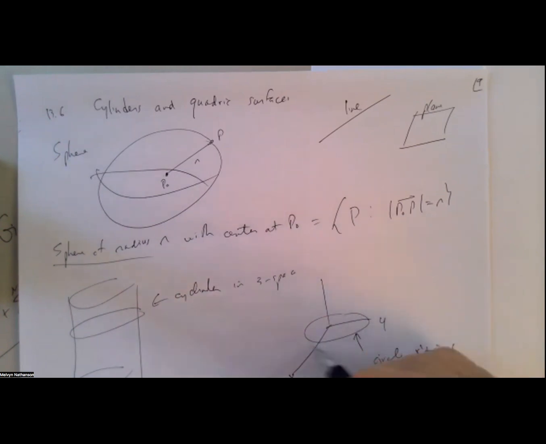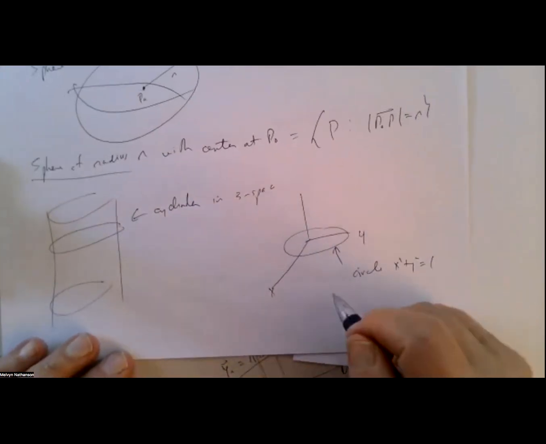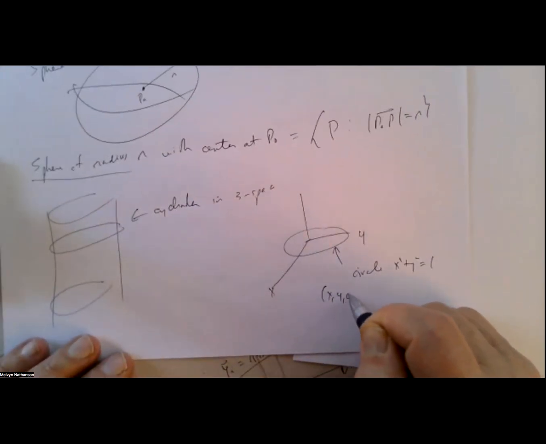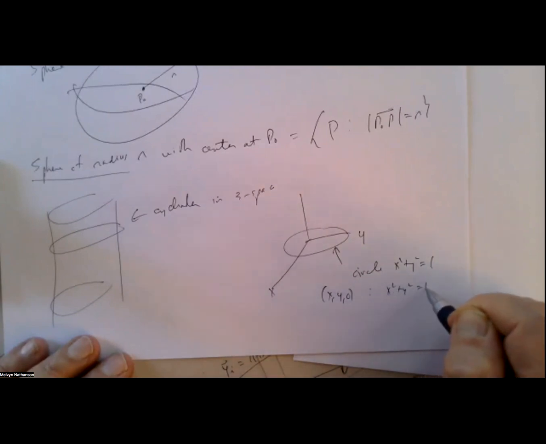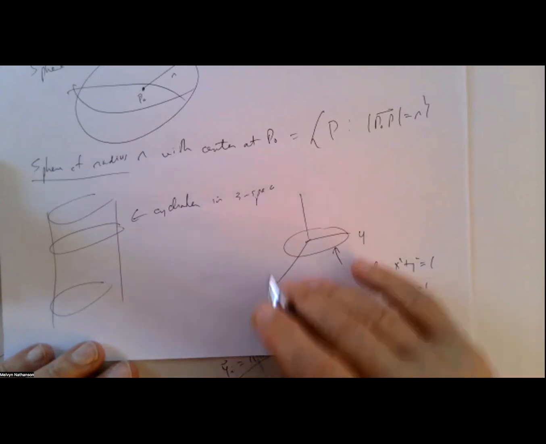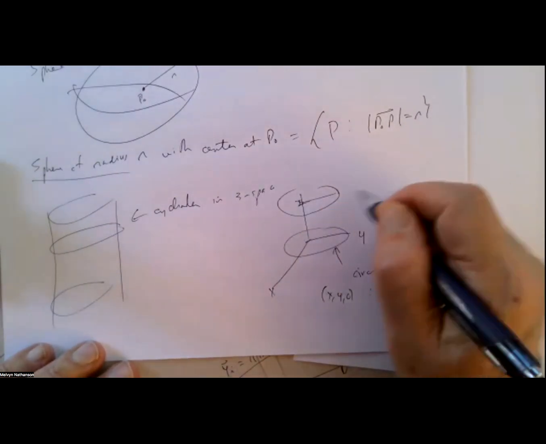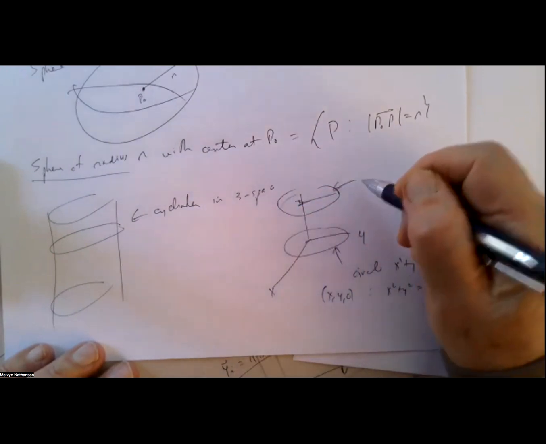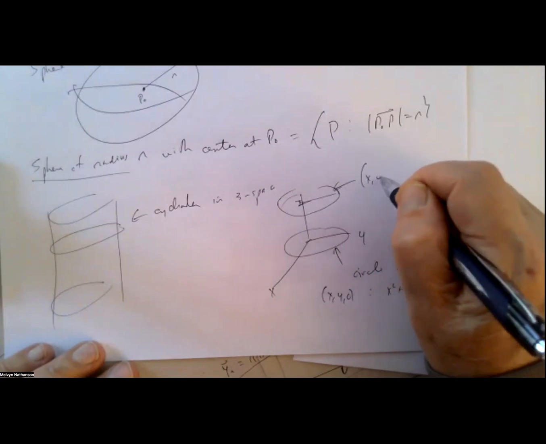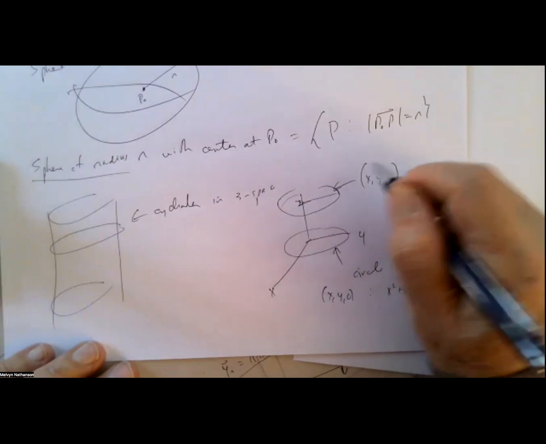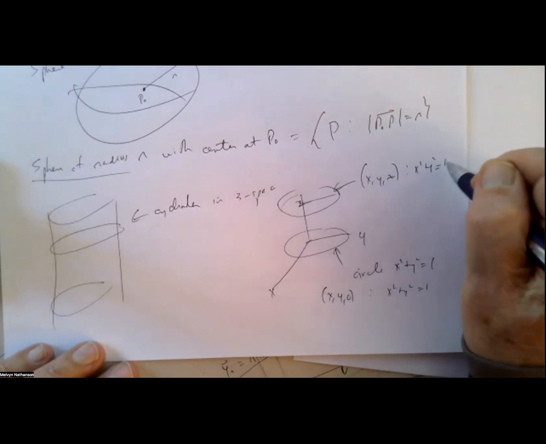So in the xy plane, the circle is all points (x, y, 0), where x squared plus y squared equals 1. Suppose I lift this circle up to a height z. Then this circle, lifted up to a height z, will be all points of the form (x, y, z), where x squared plus y squared equals 1.